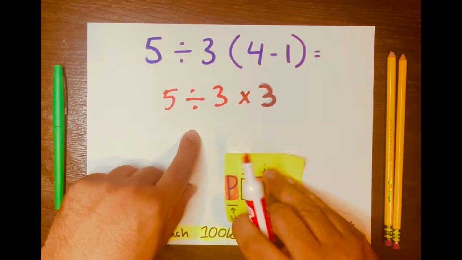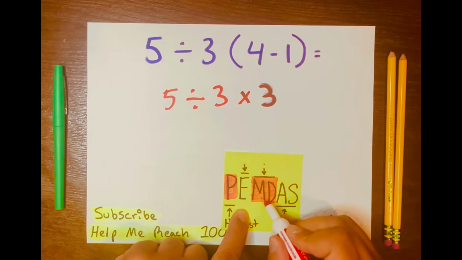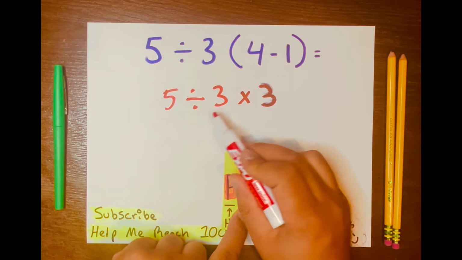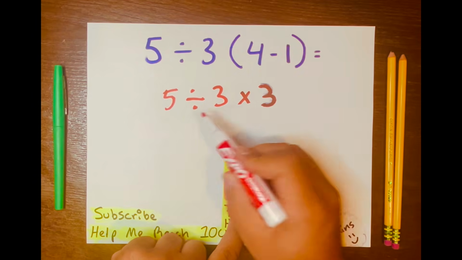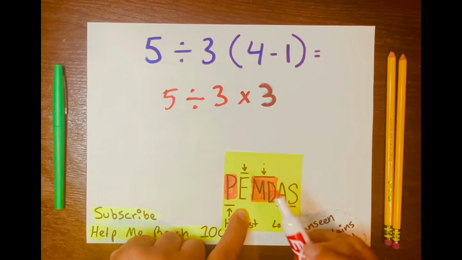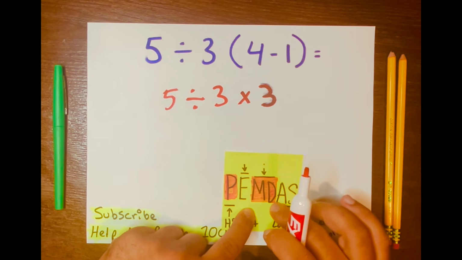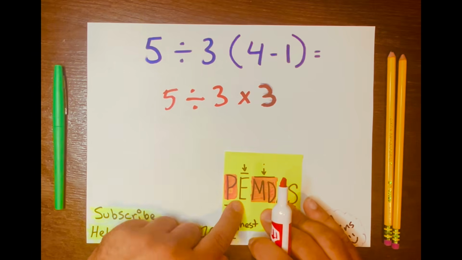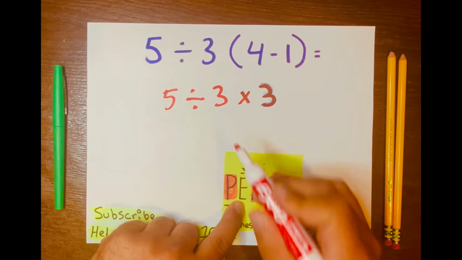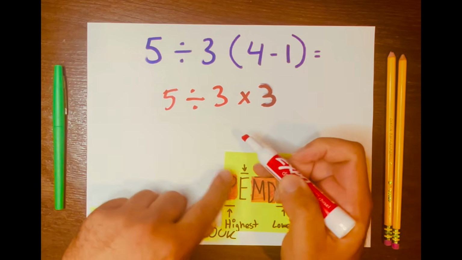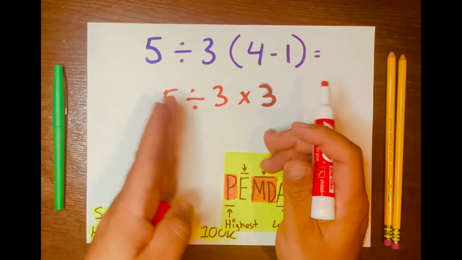According to PEMDAS, we do have multiplication and division, or vice versa. And we don't just go by, oh, the M will go first and then division will go second. No, we read from left to right. So 5 divided by 3 will go first because we are reading from left to right.